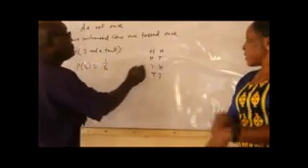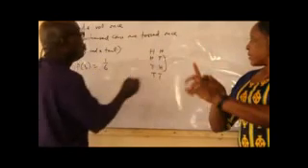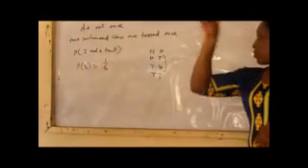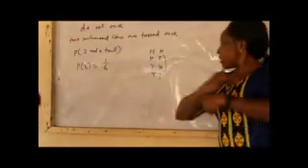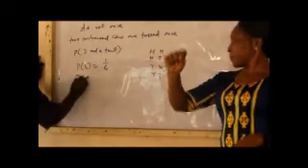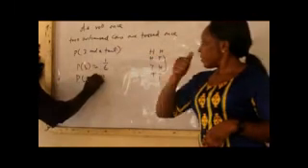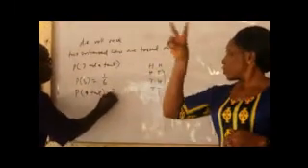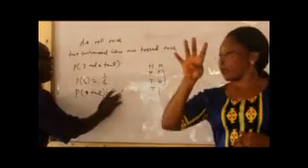So you see that you have 2 chances of getting a tail out of 4 chances. So P(tail) is equal to 2/4, which is, okay, leave it like that.